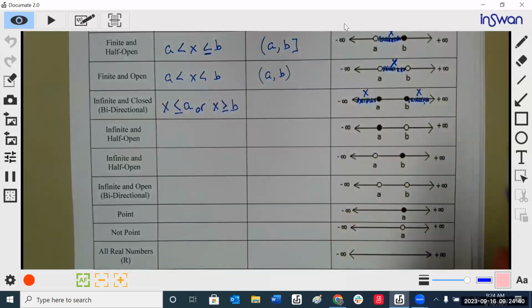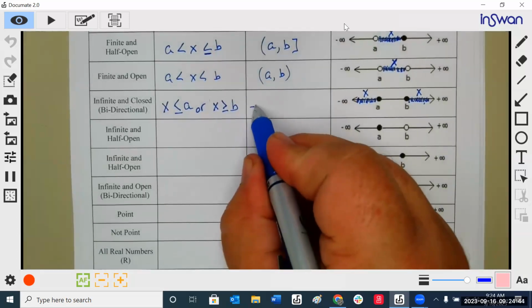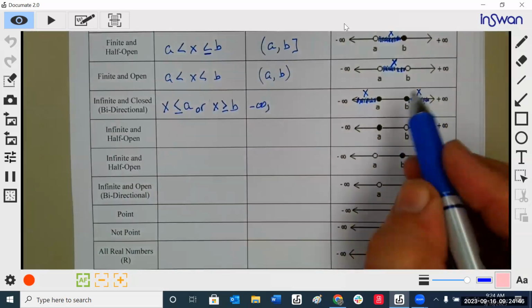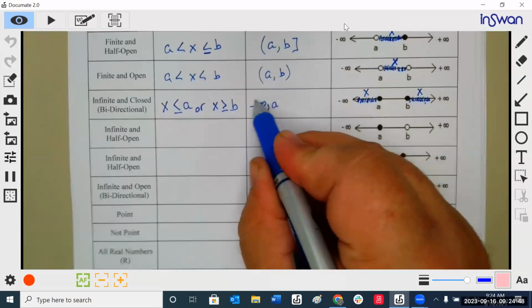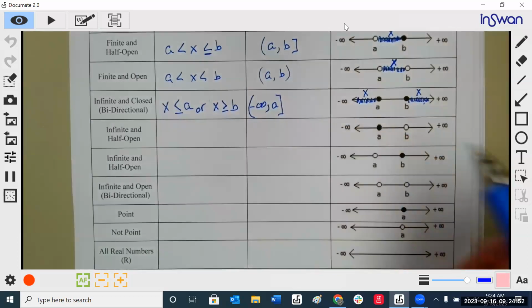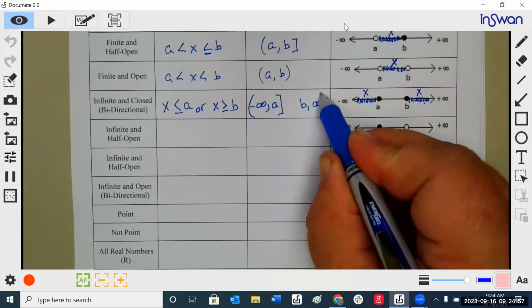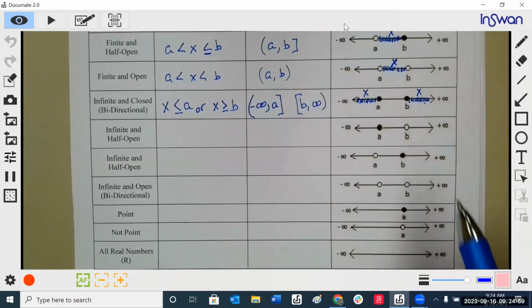Now, for the interval notation, on the first set, I go from negative infinity, comma, to A. And since A is solid, it's a bracket. And then from B to positive infinity, B is also a bracket.